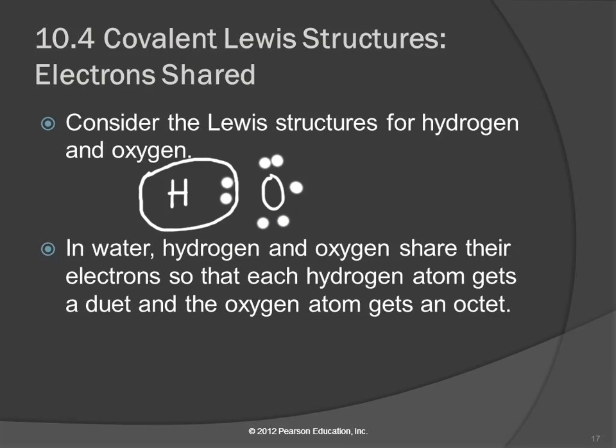So enter another hydrogen atom. And the oxygen says, hey, will you share with me? We can both be happy if we share. Like, hey, that's a great idea. Let's do it. So this hydrogen feels like both of those electrons belong to him.